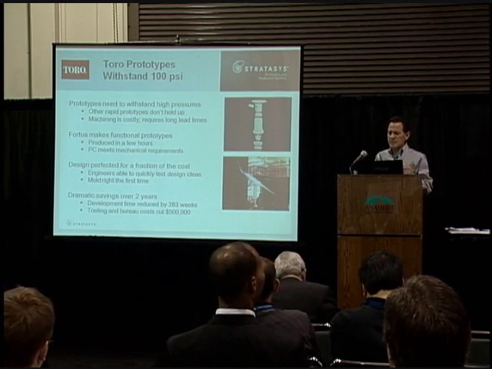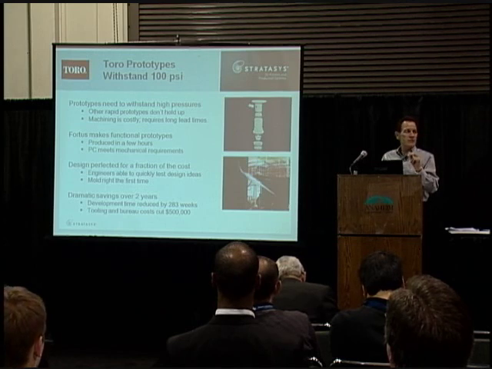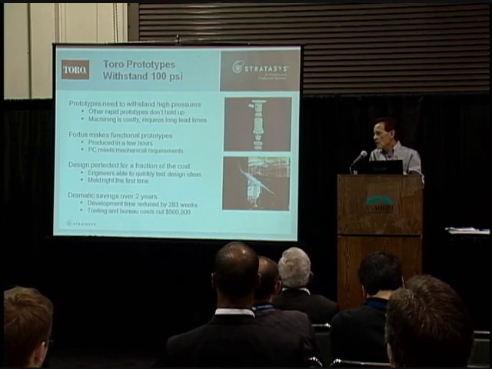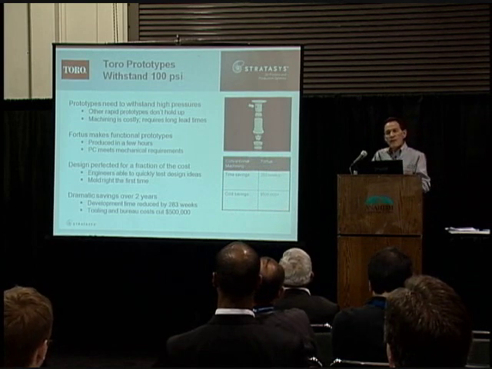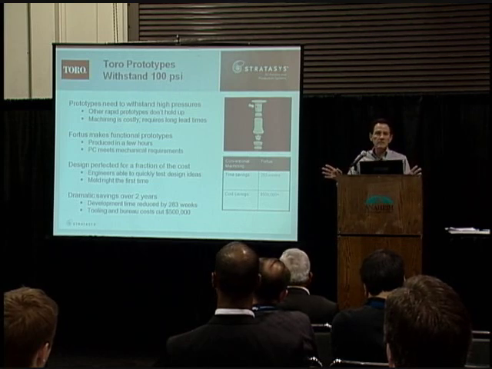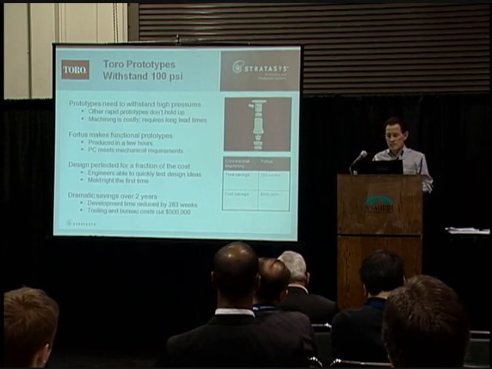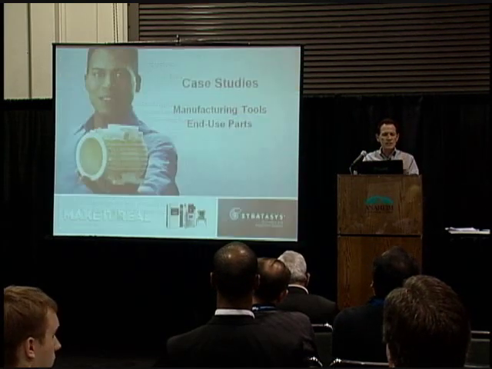They tracked their savings very closely over 2 years. They saved over 280 weeks and over $500,000 in costs by time to market compression and eliminating prototype tooling costs. So that's that form, fit, function type of application.